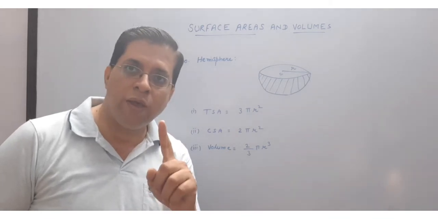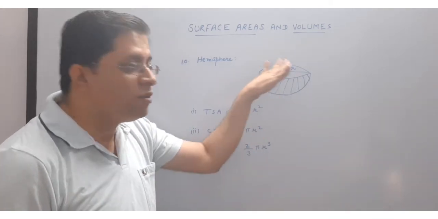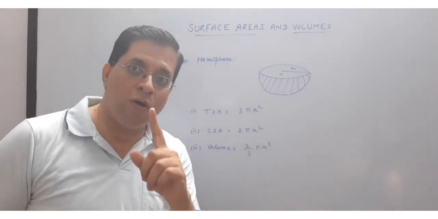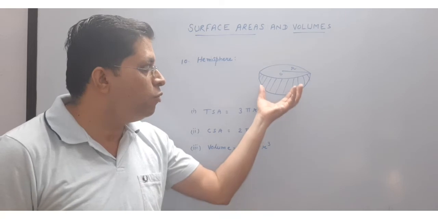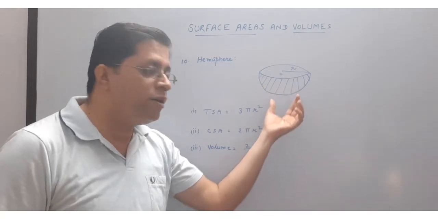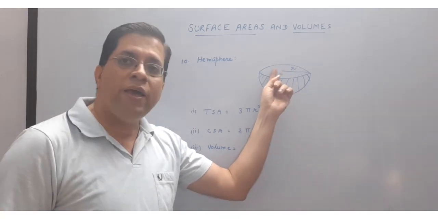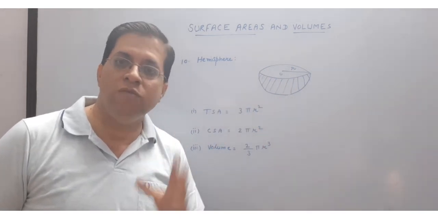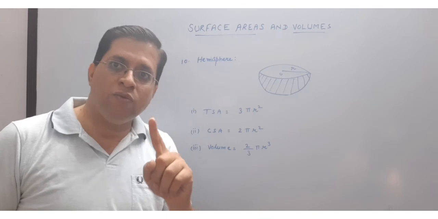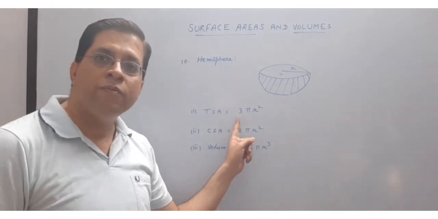It is 2 pi r square, half of the sphere's. And pi r square is the top part, the circular part. Area of circle is pi r square. So 2 pi r square plus pi r square will be 3 pi r square.